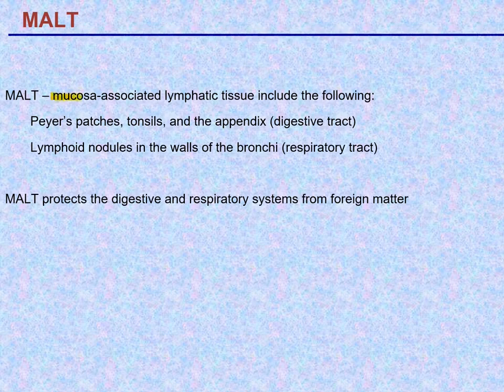They are mucosa associated, so they're close to mucosal epithelium, mainly in the digestive tract and in the respiratory tract, where there's more chance of coming into contact and interacting with foreign molecules, particularly infectious microorganisms.